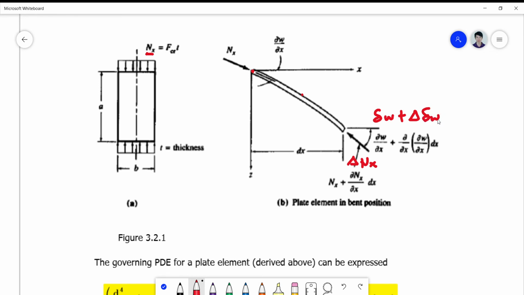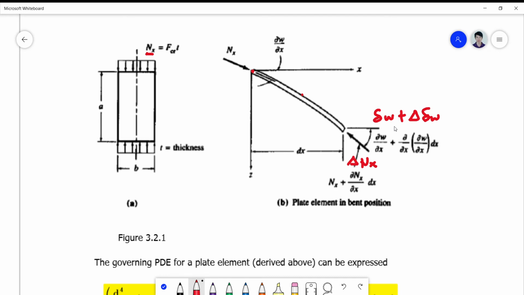Okay, so since your slope is defined in terms of the partial derivative of w with respect to x, your final slope here will simply be equal to the partial derivative of w with respect to x plus a delta of that.